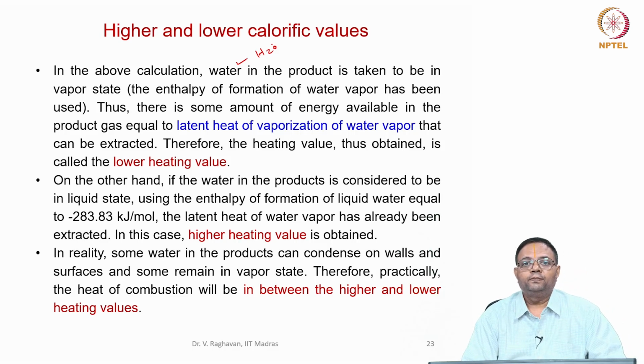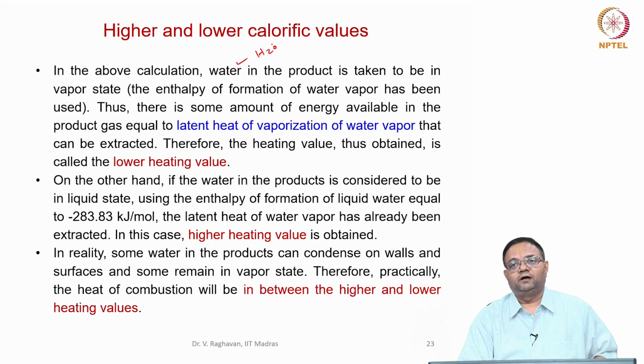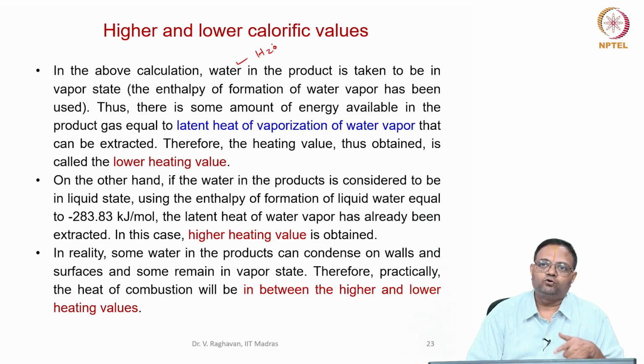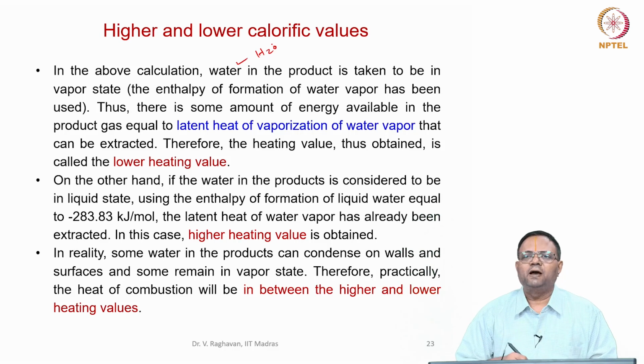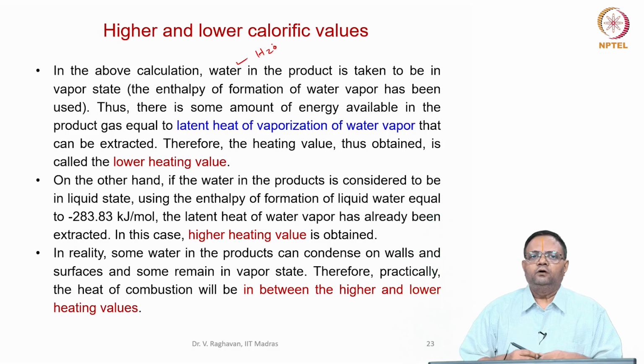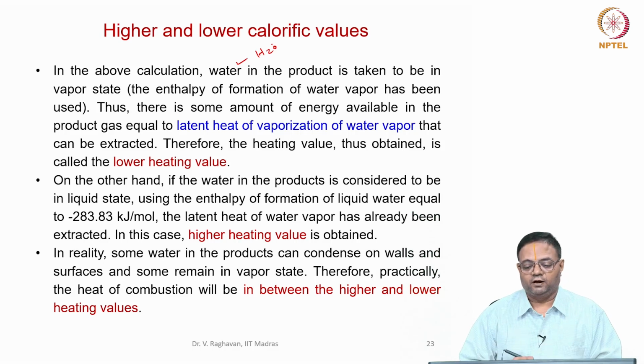H2O is a condensable vapor. So, based upon temperature, since we are cooling it to 298 Kelvin, that means there will be condensation. But it is based upon the vapor pressure or the partial pressure of water vapor that the amount of condensation will occur.